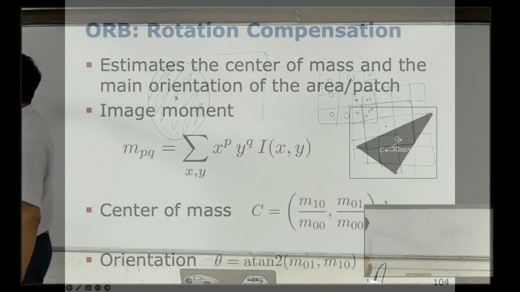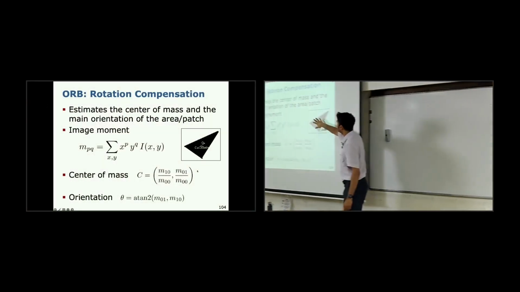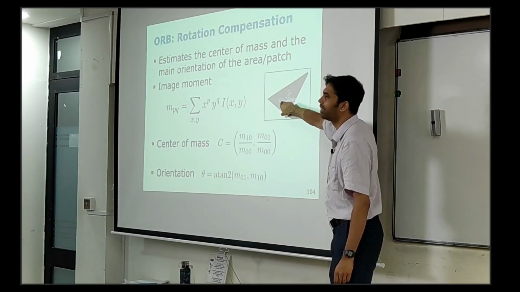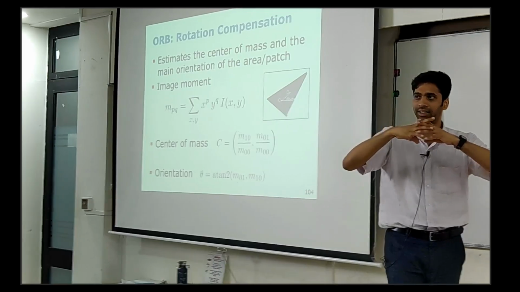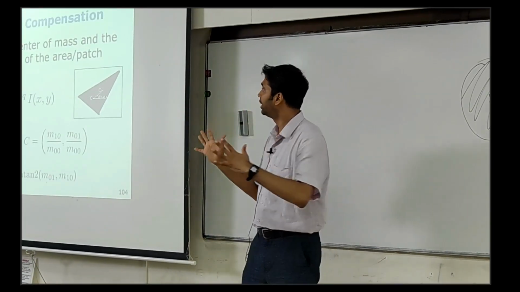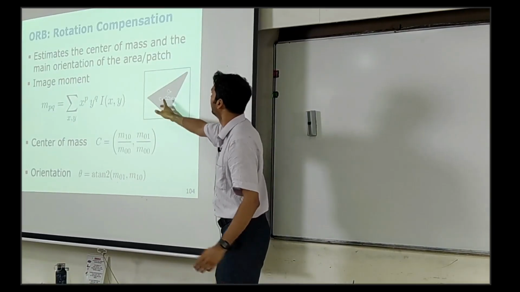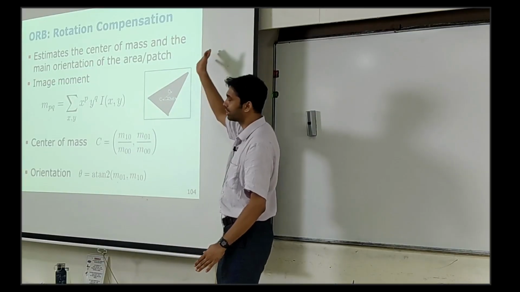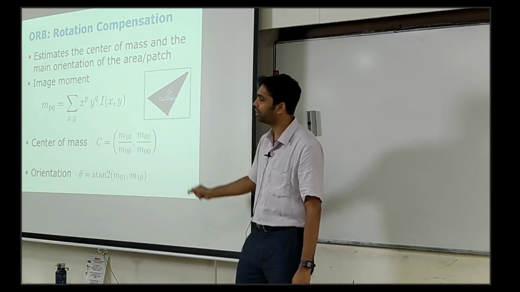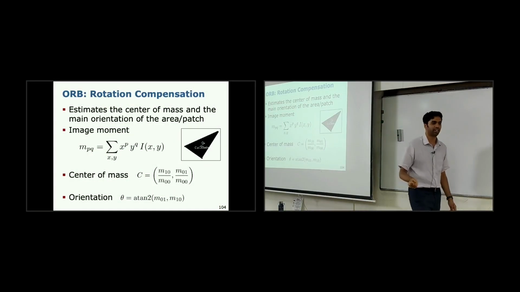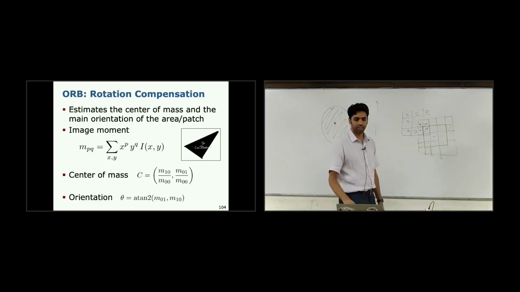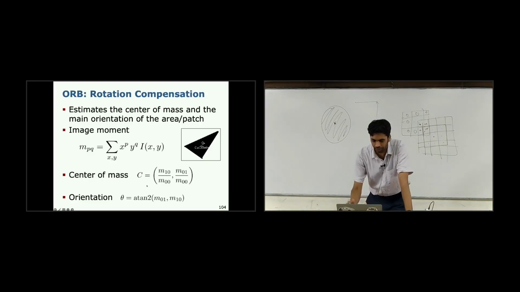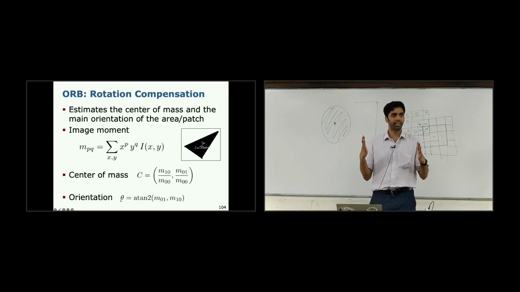So in this image patch, there is this triangle, right? The center of the patch is somewhere here. That's where most of the center of mass is accumulated. And the distribution is accumulated in this direction. So the orientation is towards this direction, and moments of the image capture these. So they use the moments of the image to compute a center of mass and a theta orientation.